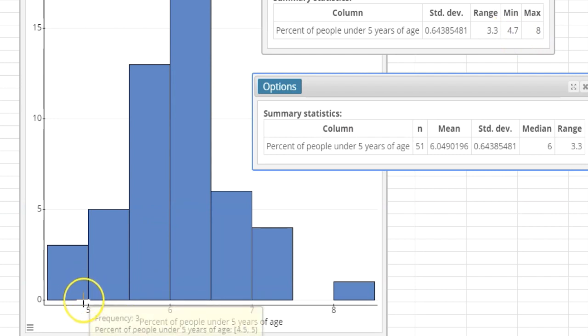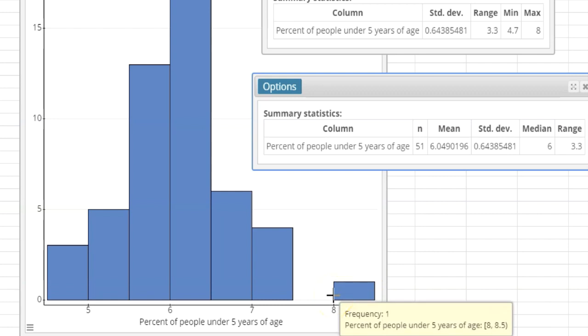So we have a bunch of percentages that are 4.7, 4.8, 4.9 in here, or 3 of them at least. And then the maximum is actually exactly 8, so there are no values beyond 8. So we're basically looking at a range of 8 minus the lower bound here of 5. Again, I wouldn't have known that if I didn't have the data sitting right next to me. So that's why our standard deviation estimate was so far off.